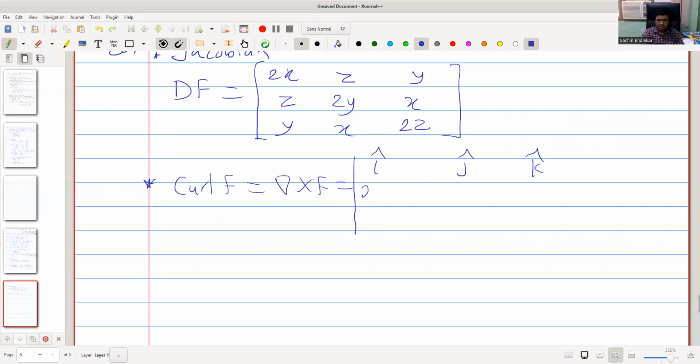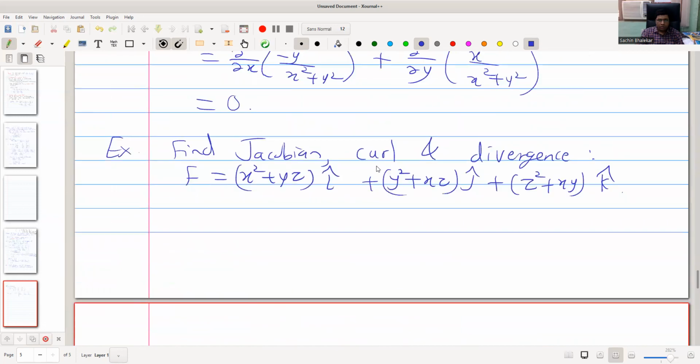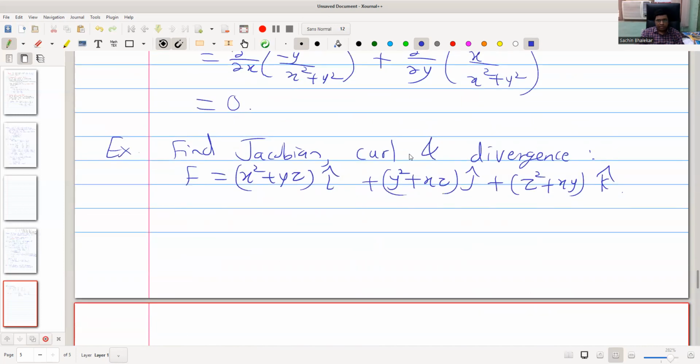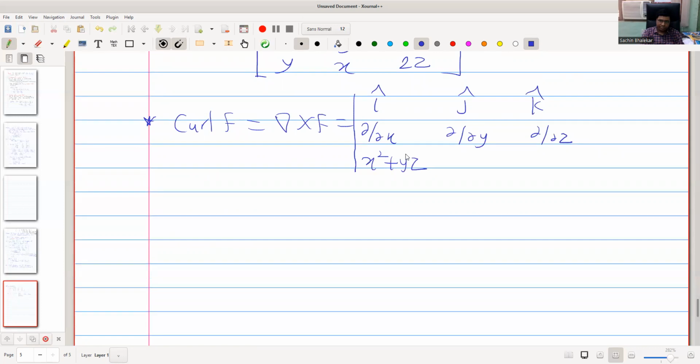Second row is partial operators. Third row is components of f, x square plus yz, second is y square plus xz, and third is z square plus xy.